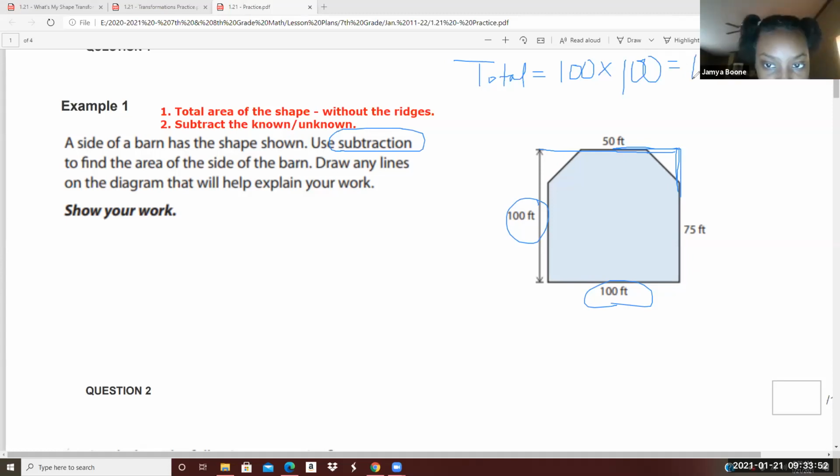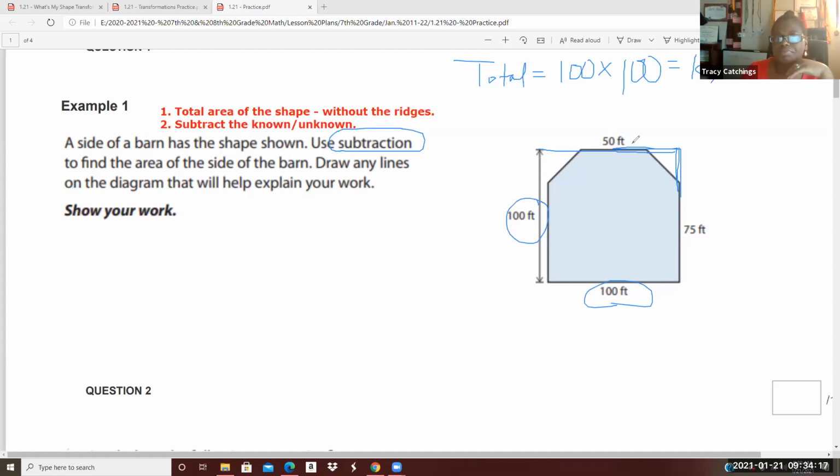At the 100, you got 2. So we got 2 100s. So that means there's how many total zeros? 4. Yes, 4. So our total area would be 10,000.